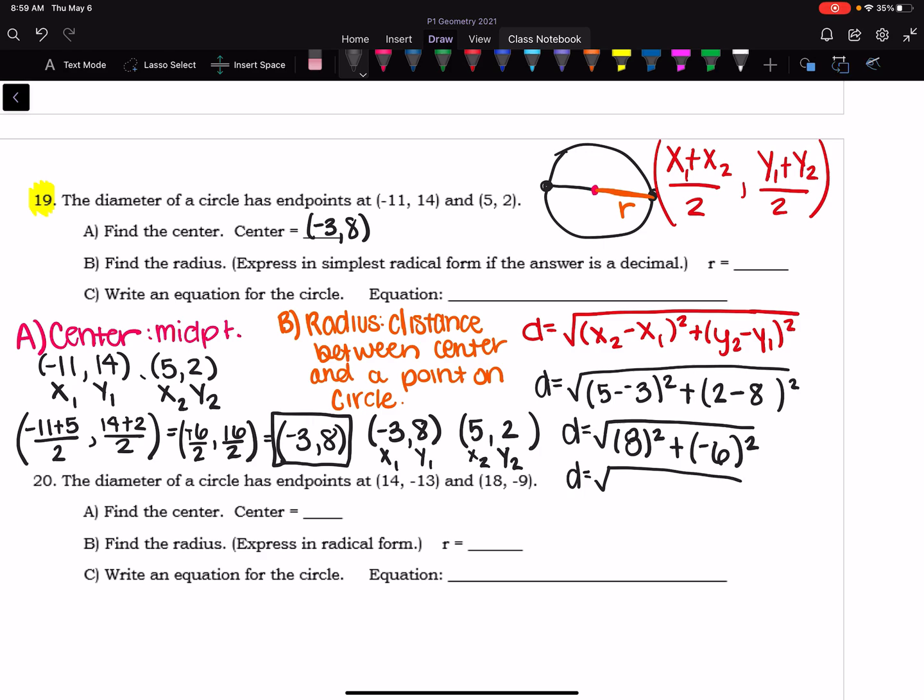Next, we can go ahead and square that 8 and negative 6. 8 squared is 64. And if I have a negative number that is being squared, it is positive. So negative 6 squared is a positive 36.